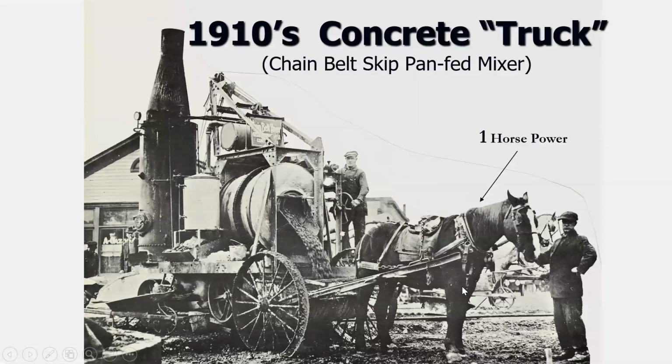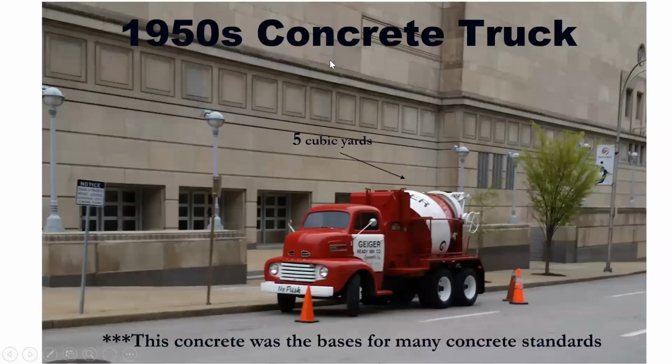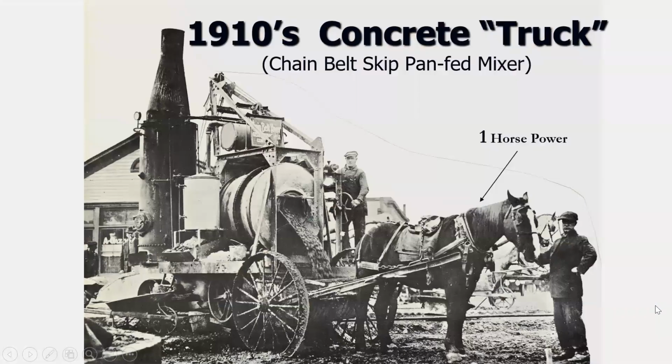All right. So this is a 1910 concrete truck, and I put that in parentheses because this is a 1 horsepower concrete truck where you have your buggy. If you look real close, this mixer is on a wagon.